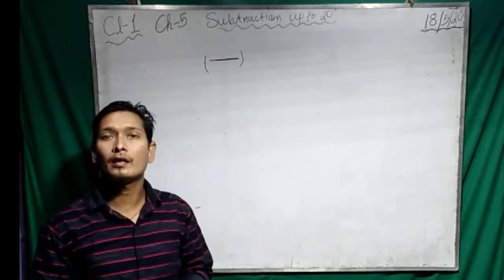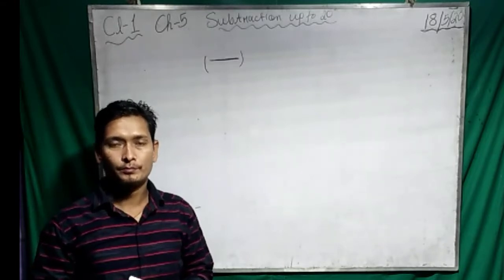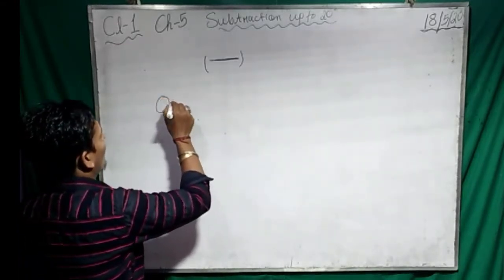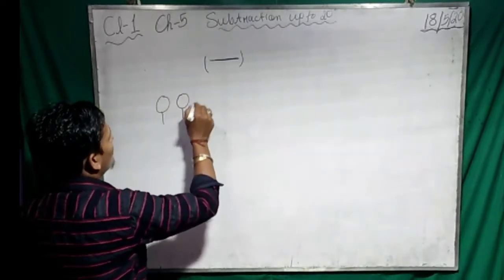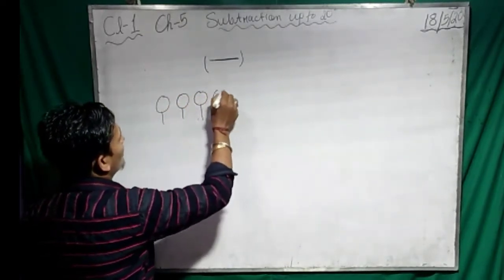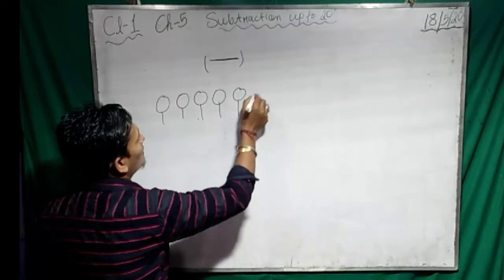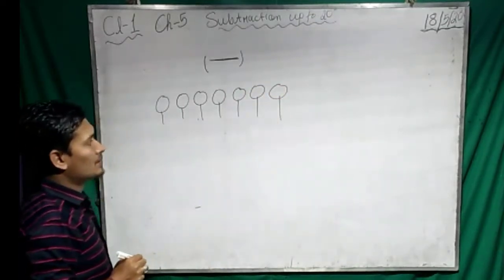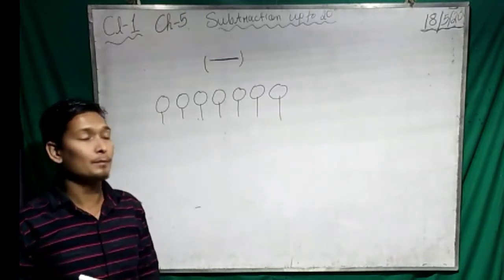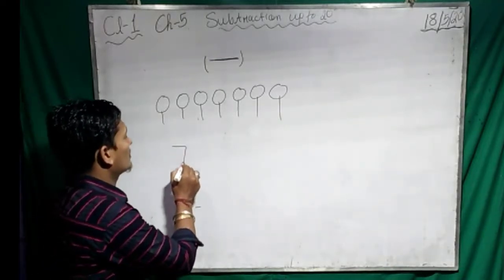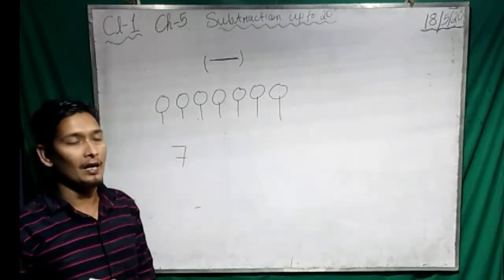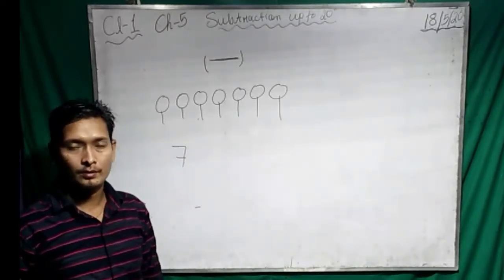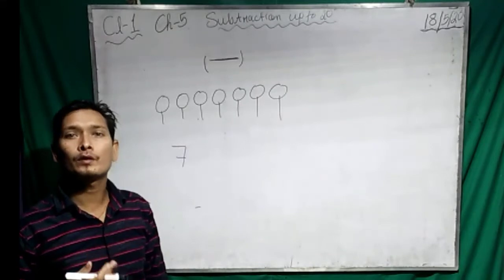Subtraction means taking away. Suppose Amit has 7 candies. What he has? 7 candies. How many candies he has? 7. And he ate 4 candies. How many candies he ate? 4 candies.